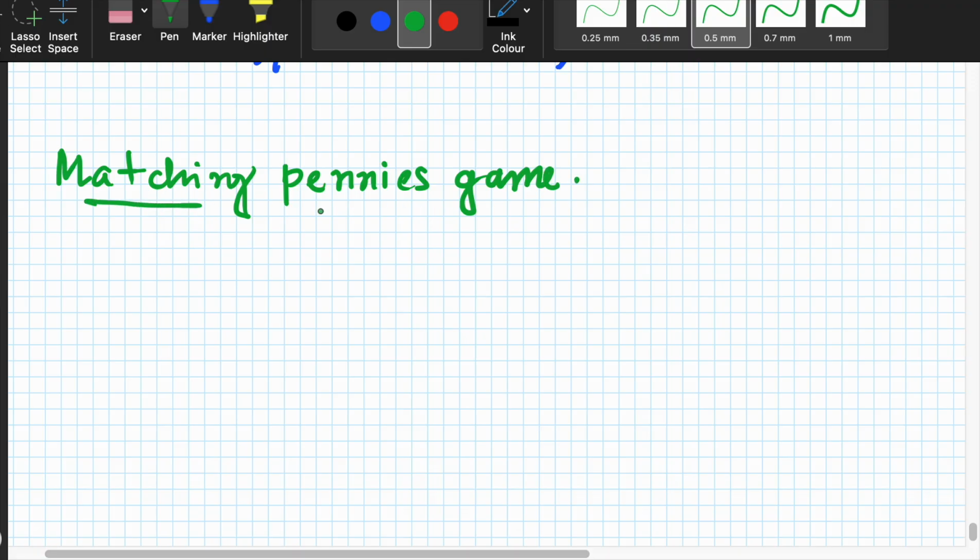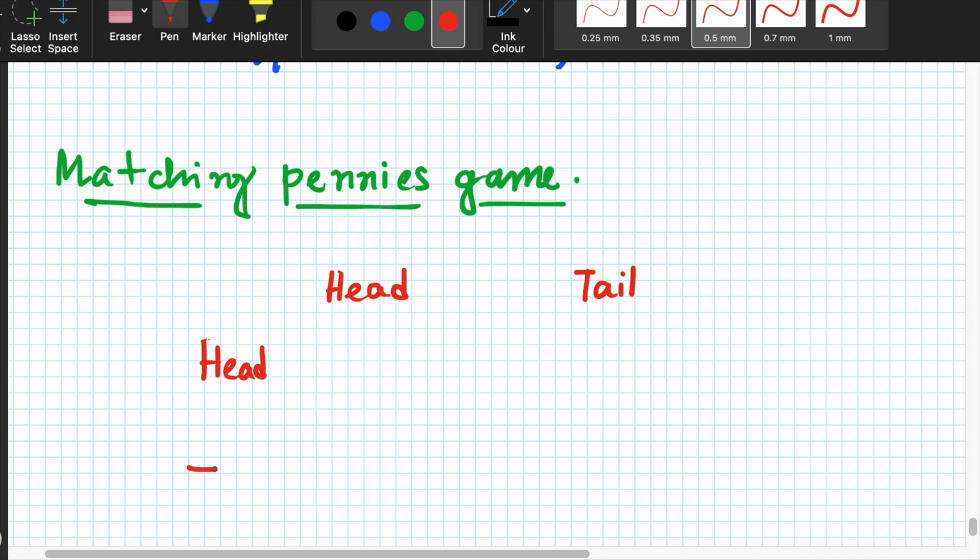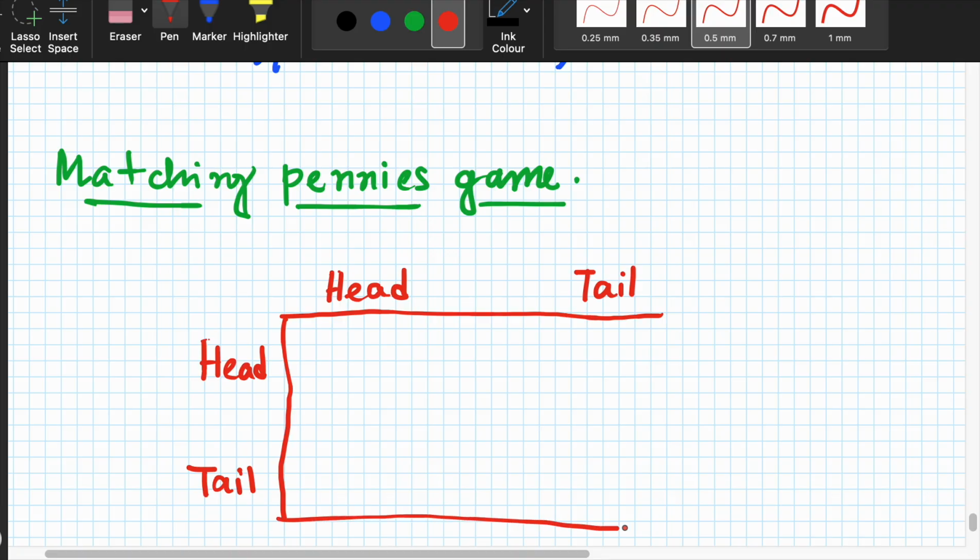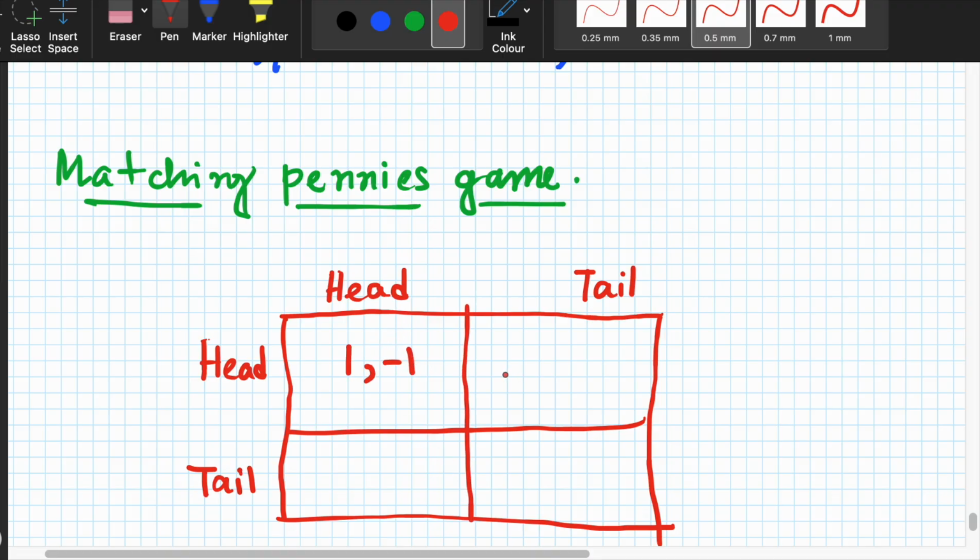You know the matching pennies game: head, tail, head, tail, with payoffs 1, minus 1; minus 1, 1; minus 1, 1; 1, minus 1.